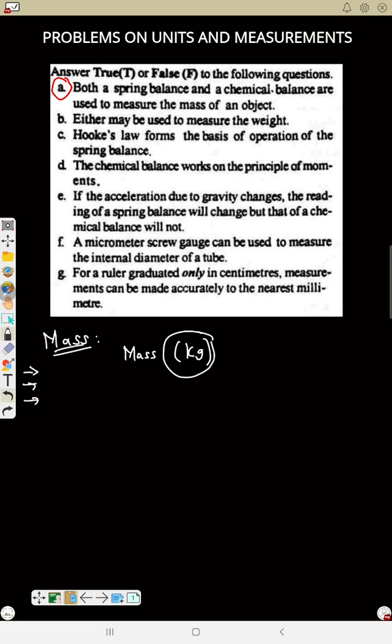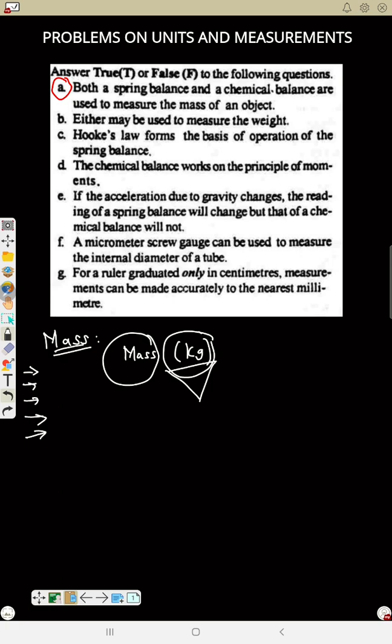That means mass is a quantity while kilogram is the unit. The SI unit is kilogram, and SI units are those units that are generally accepted. Another point, it is also a scalar quantity. It has only magnitude but no direction.